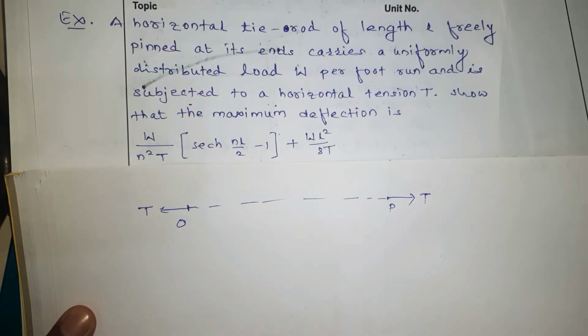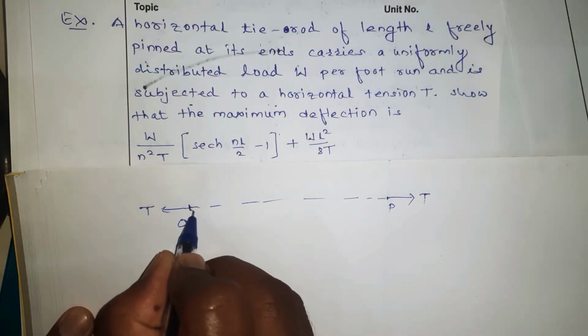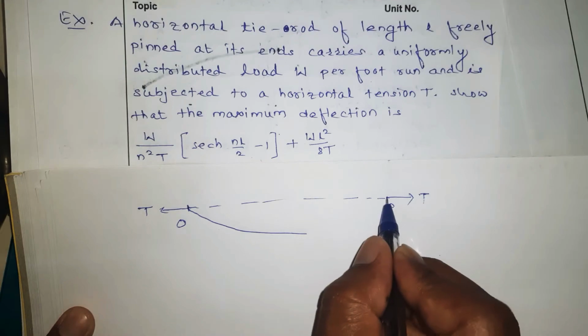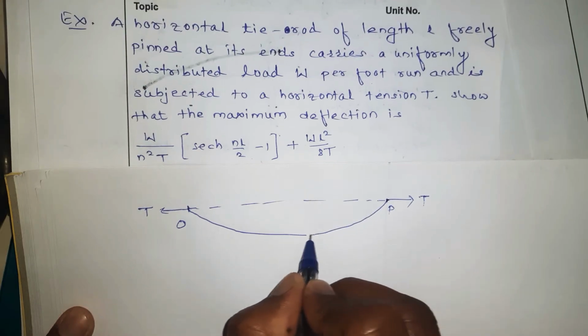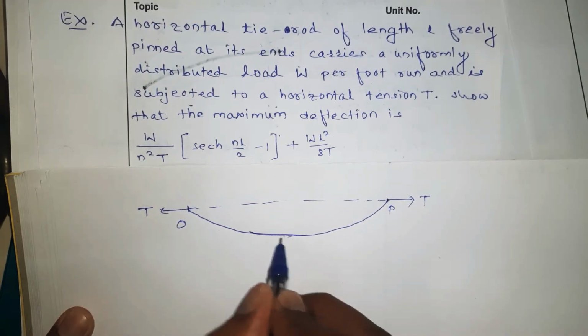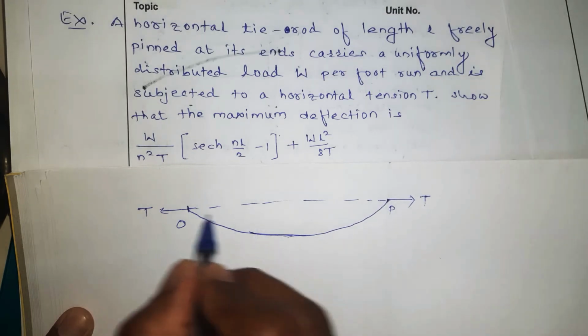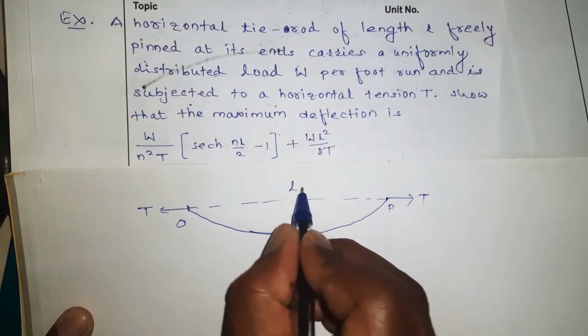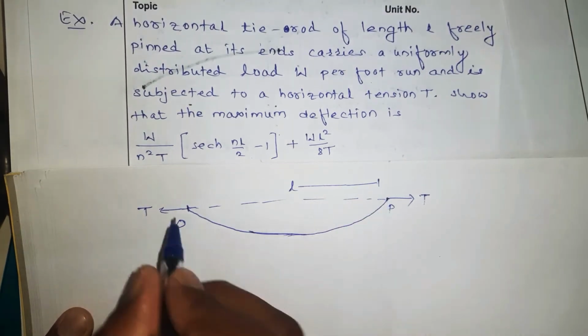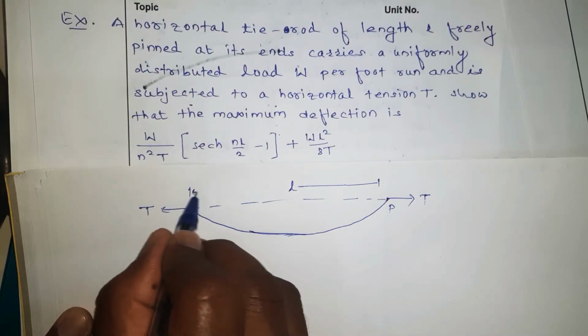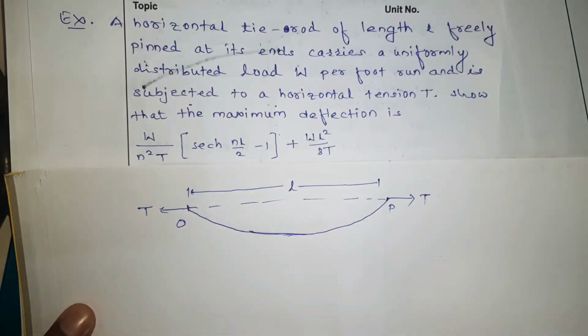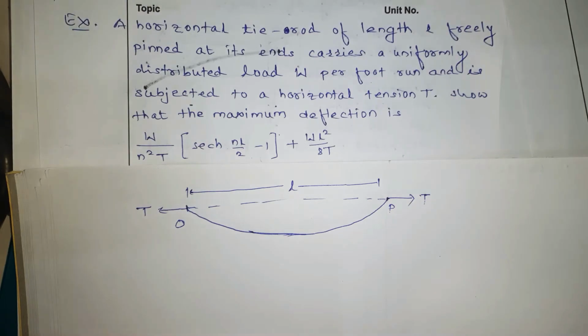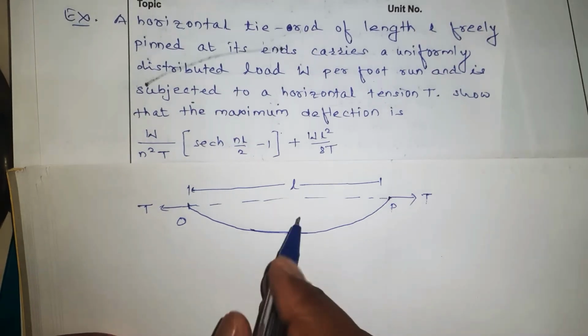There is a deflection between OP, and this length OP is L, the length of the rod.